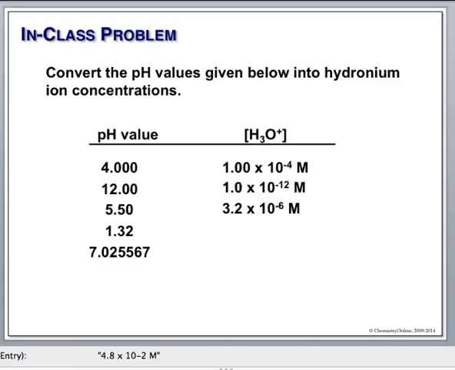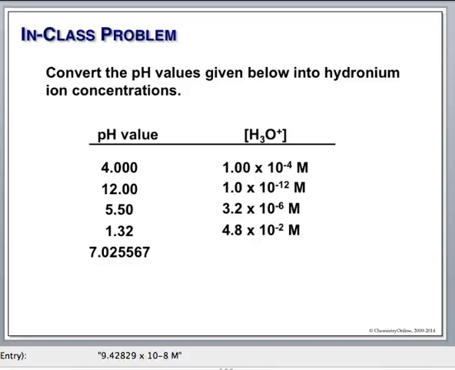Type in minus 1.32. Hit 10 to the x. 4.8 times 10 to the minus 2. And finally, we have 7.025567.